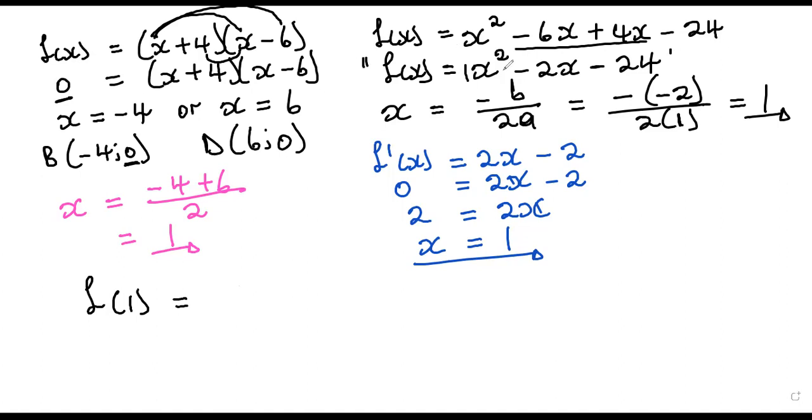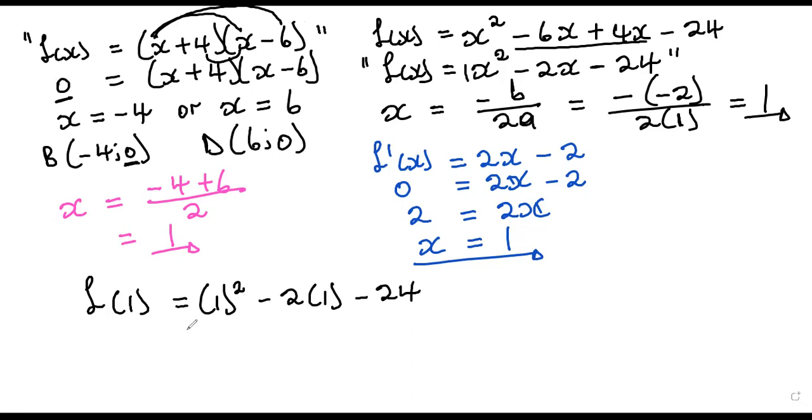You can choose this one, or you can choose this one in factored form. It's up to you. So if we go to the expanded one, we want to know what is the y value when x is positive 1. So here 1 squared is 1, and then 1 minus 2 is negative 1.